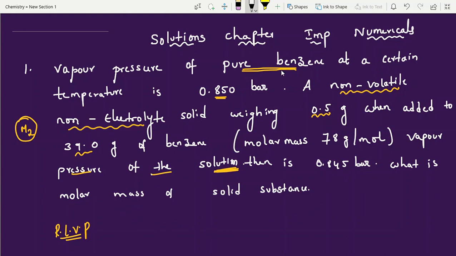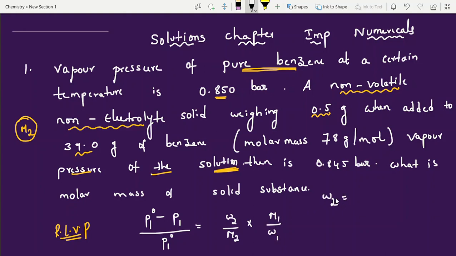This is related to relative lowering of vapor pressure numerical, students. What is the related formula? In the previous video I had given all formulae, right? So once again I am writing here. P10 minus P1 by P10 equal to W2 by M2 into M1 by W1. What is W2?